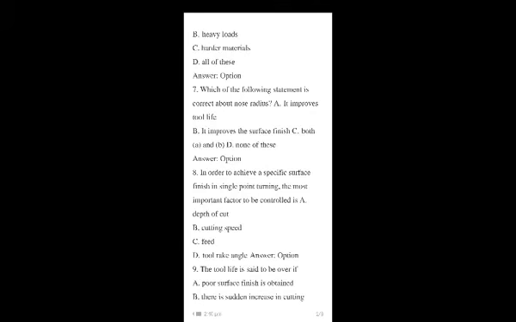Now 8th question, in order to achieve a specific surface finish in single point turning, the most important factor to be controlled is option C, feed. Now next, the tool life is said to be over if... here the option D is correct, that means all of the above.